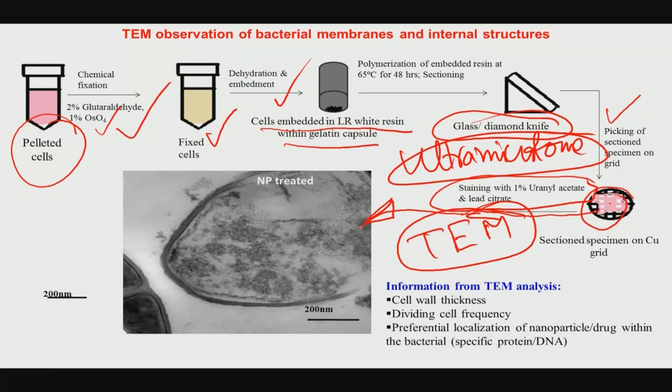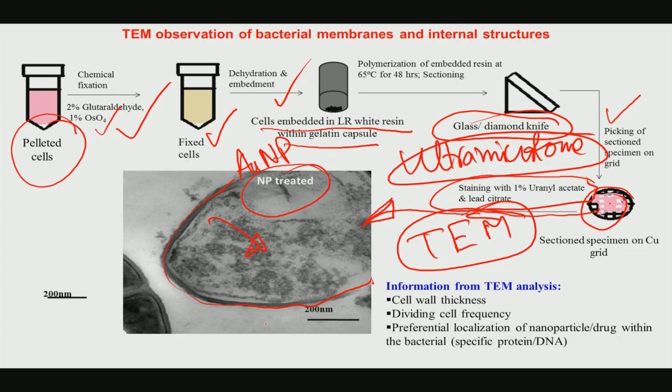This is an example of a Staphylococcus aureus species treated with gold nanoparticles. After it is treated with gold nanoparticles, you can see certain features, like whether these gold nanoparticles are internalized inside the cytoplasm of this bacteria, and if so, you can then correlate that observation with the reactive oxygen species that you might have quantified before using FACS.